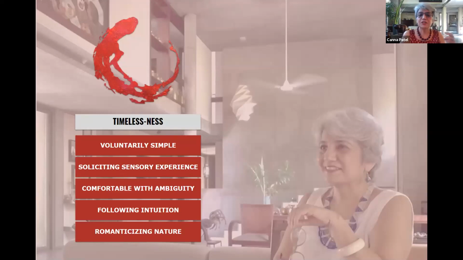We were looking for the intangible experiences, experiences which don't have a shape. They just have a feeling. And we realized that a lot of our work carried some of these 5 feelings. I'm now going to quickly share what these 5 feelings mean and their connection to India as well.